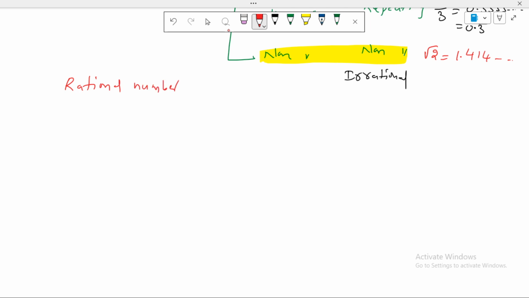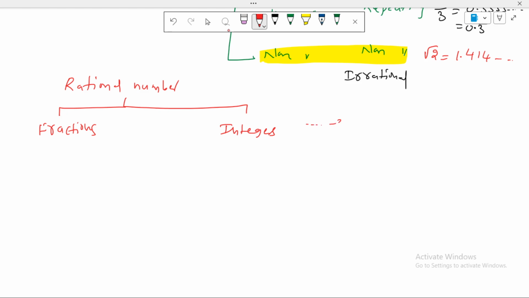This rational number system is again categorized into two ways. One is fractions and the next is integers. We have different types of fractions, for example improper, proper and mixed fractions.